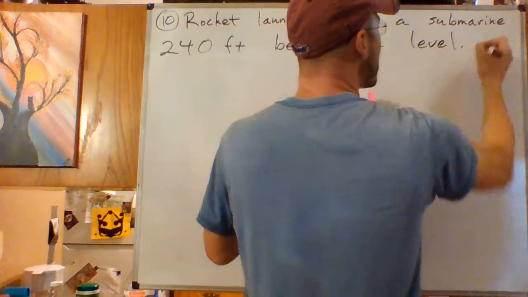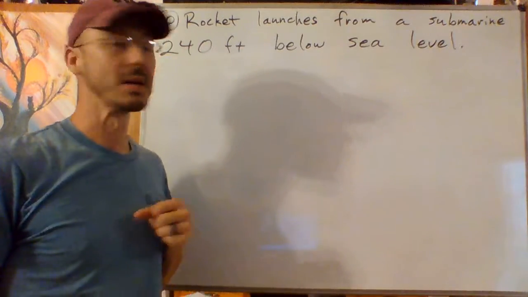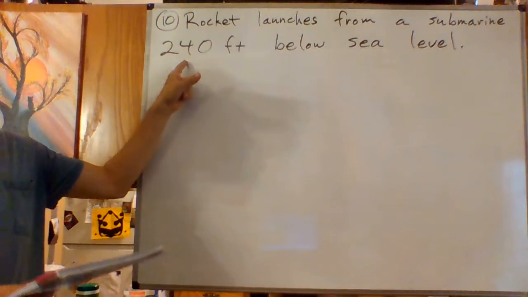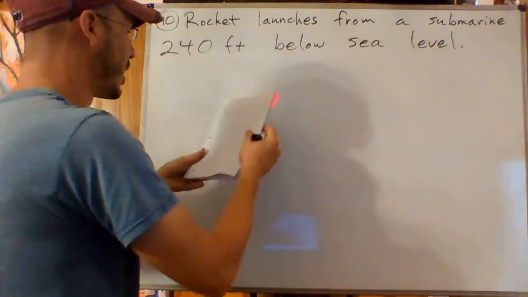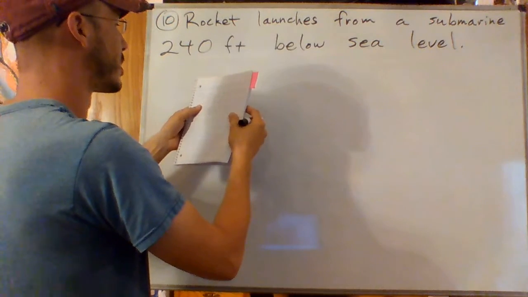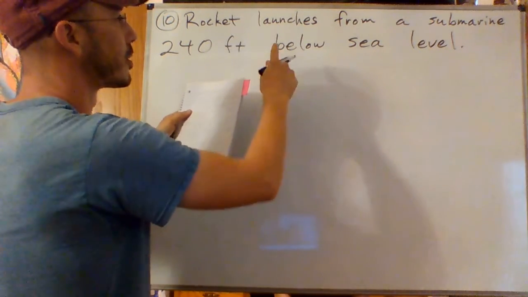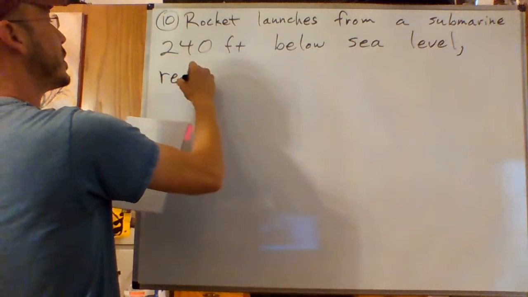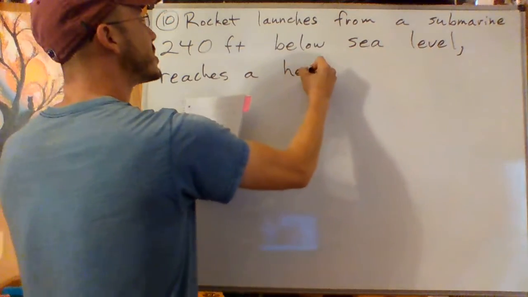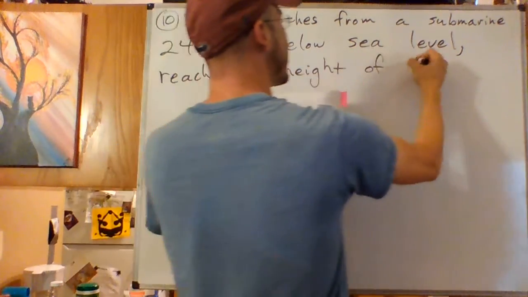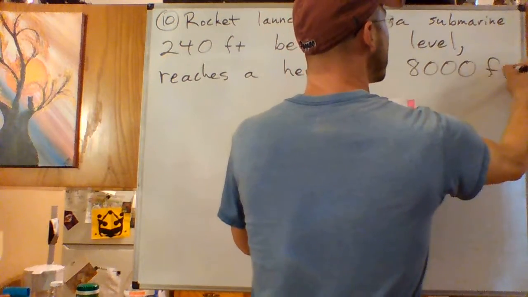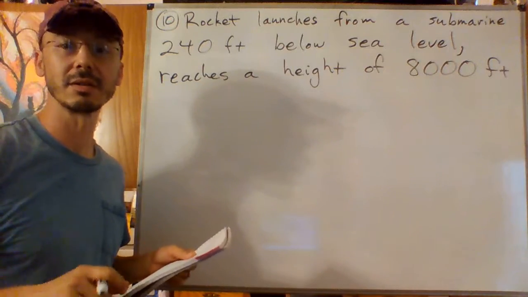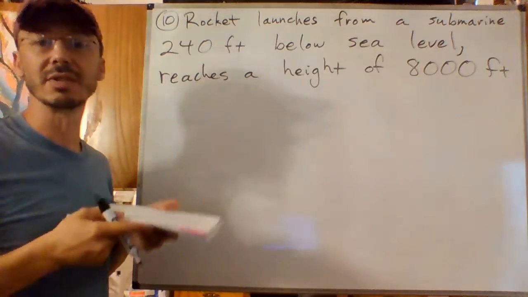So I'm assuming that the submarine is in the sea, underwater, in particular 240 feet underwater. And reaches a height of 8,000 feet. And that's 8,000 feet above sea level. It's not 8,000 feet above the submarine. It's 8,000 feet up above sea level.